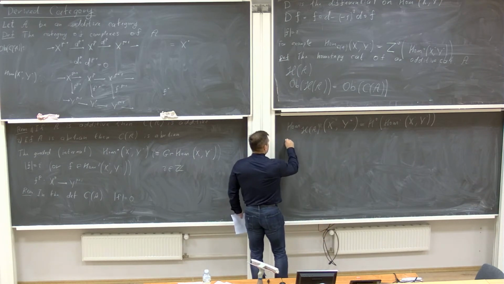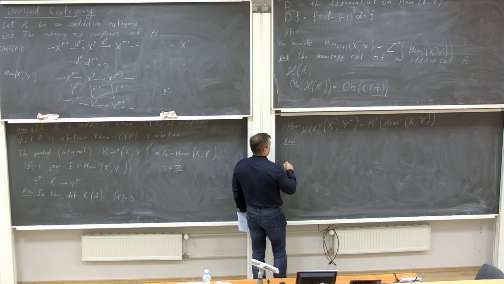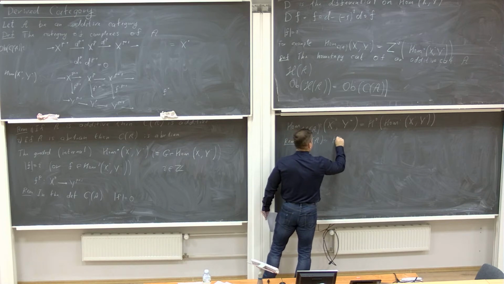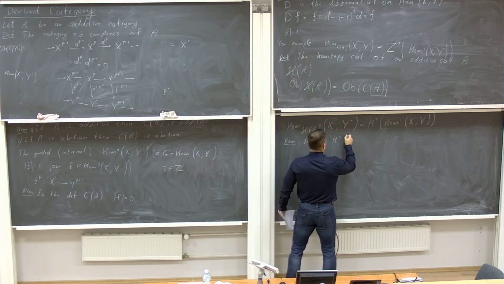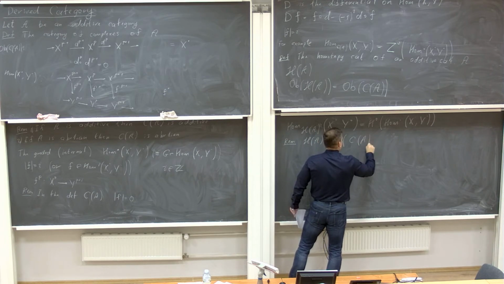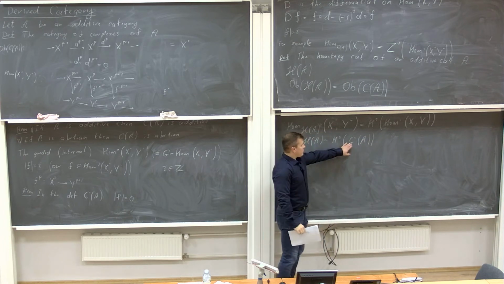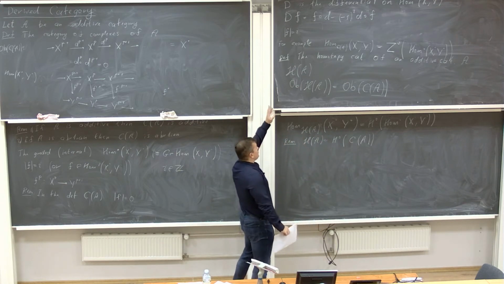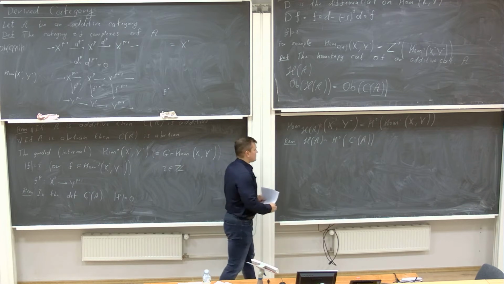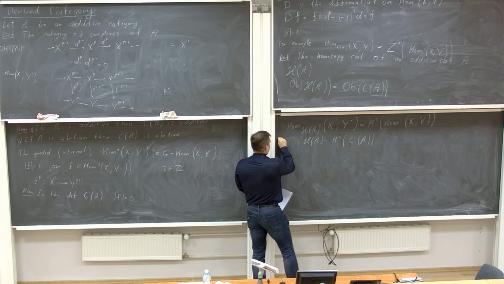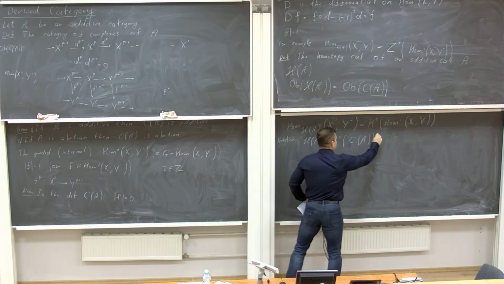Sometimes informally people write that the homotopic category is H0 of the category of all complexes, but you need to understand that in this category of complexes you don't just take maps of degree 0, you take all the maps and you take that differential. So this is just notation, a little bit informal.